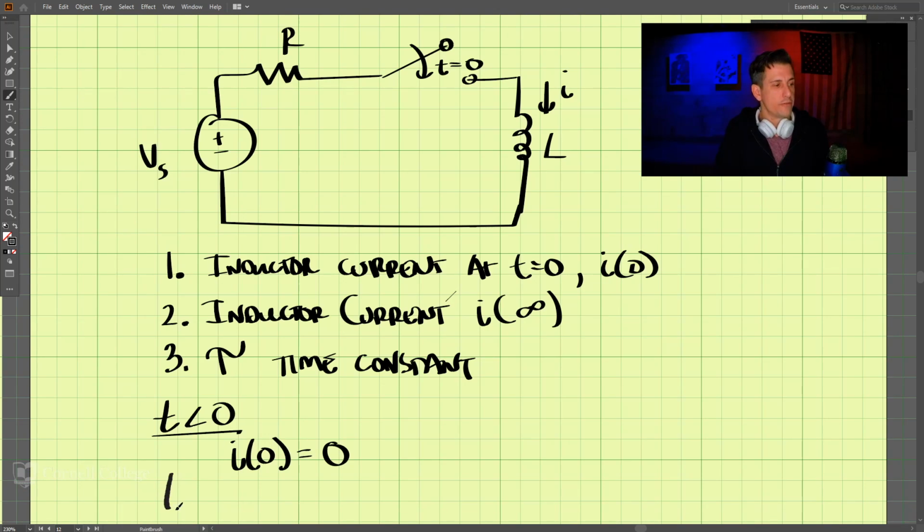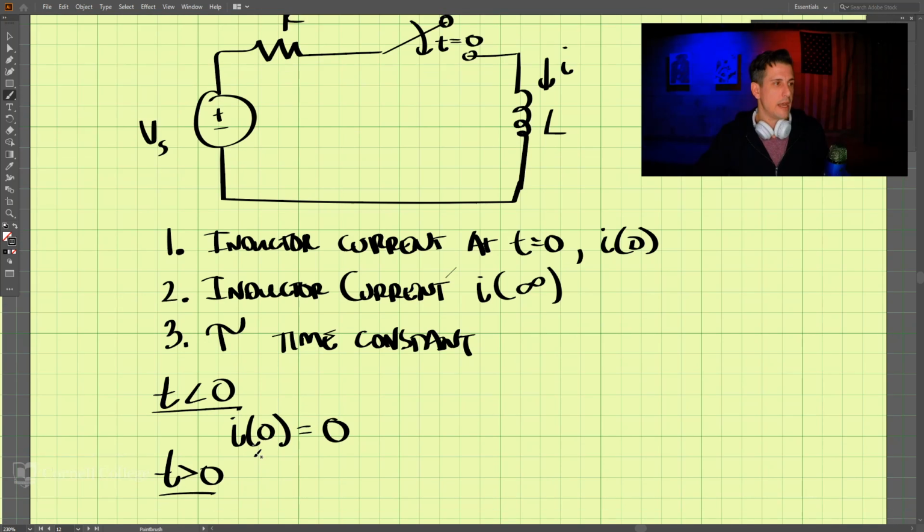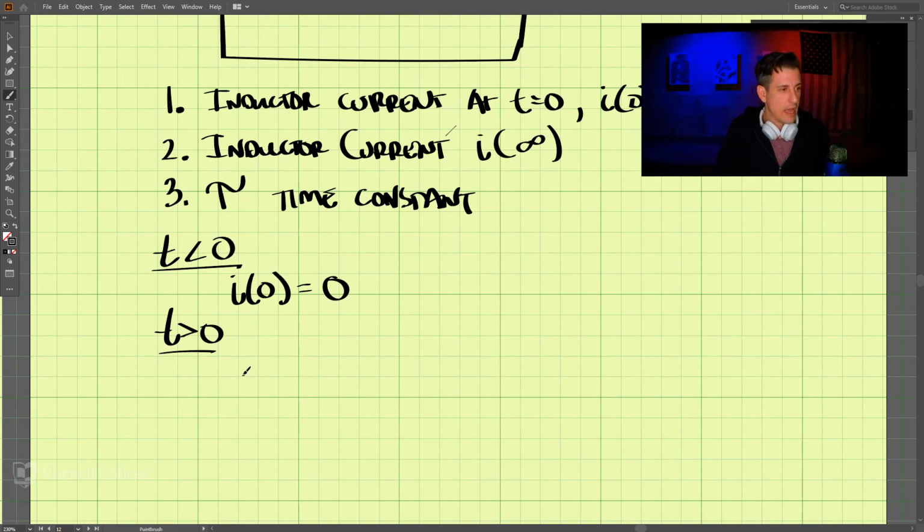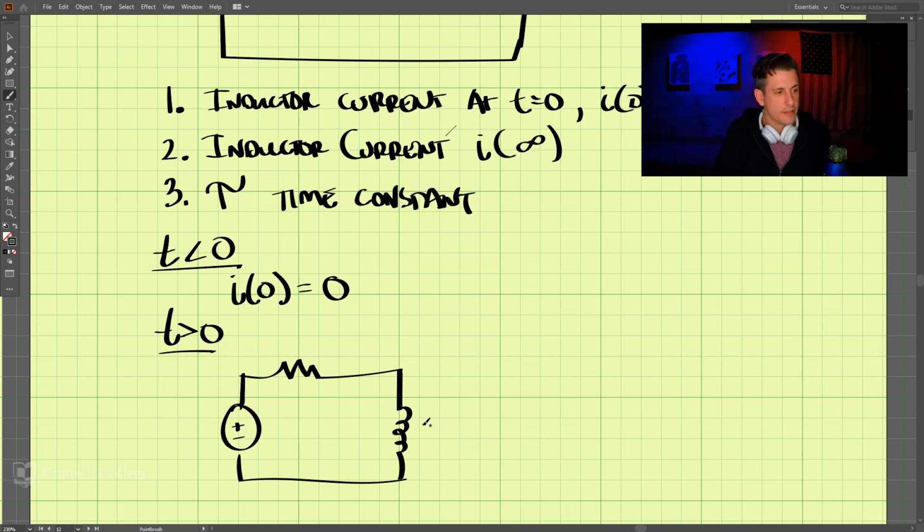Now we need to move to t greater than 0. And when t is greater than 0, we have a circuit that looks like this. This is L, and we're looking for the current I through here, and this is R. Now, if we look at this circuit, we need to find the inductor current at infinity.